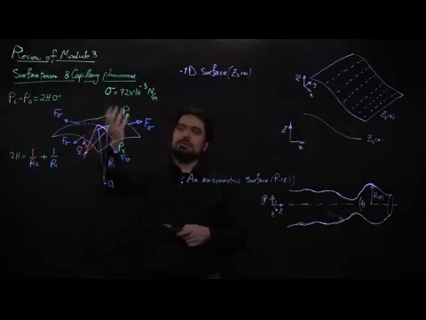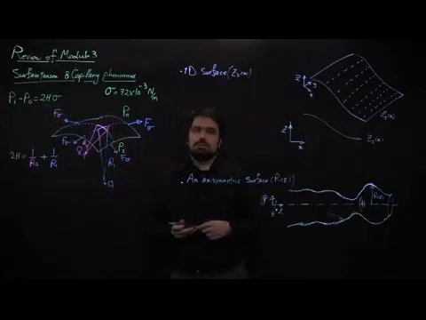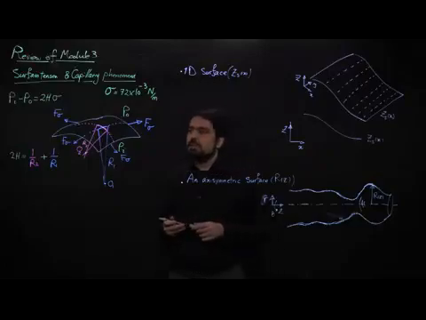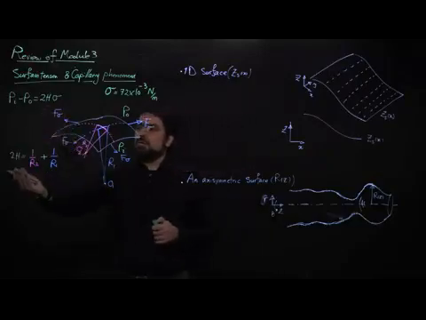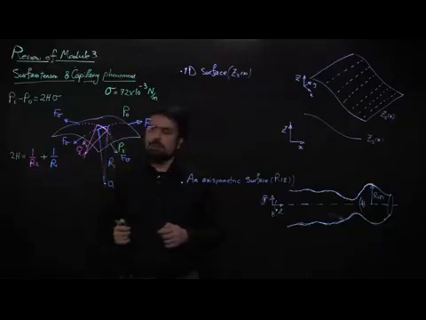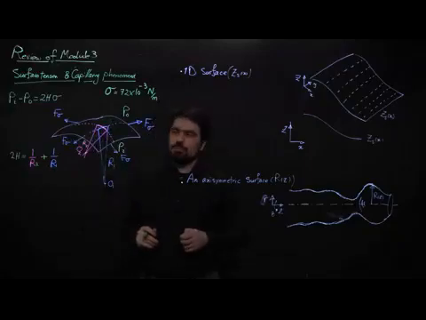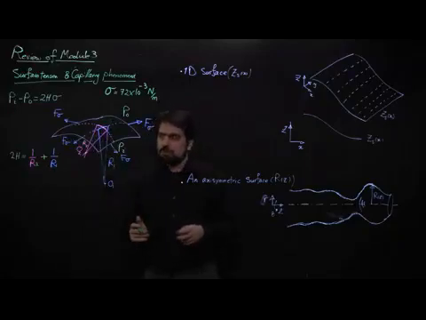We just want to take this constant and multiply it by the parameter 2H, which is 2 times the mean curvature. That parameter 2H is nothing other than the sum of the curvatures, 1 over R1 plus 1 over R2, where R1 and R2 are the principal radii of curvature at the point of interest. For example, here this is the point of interest.